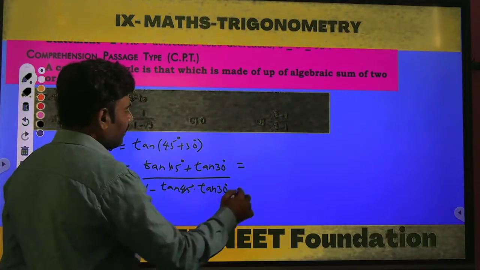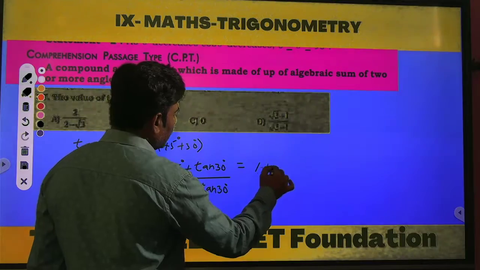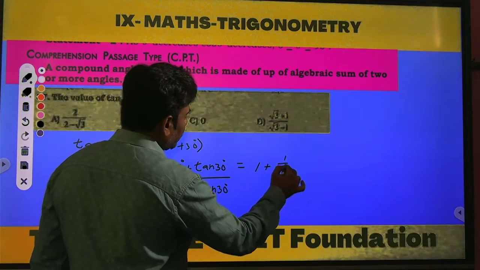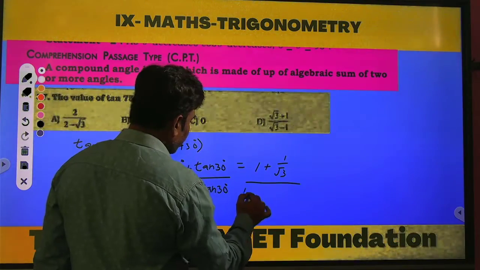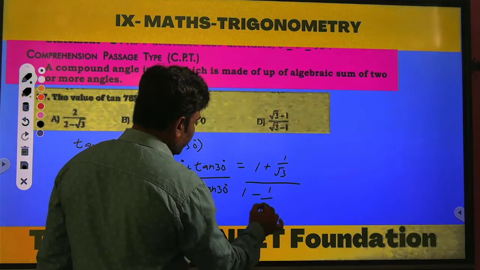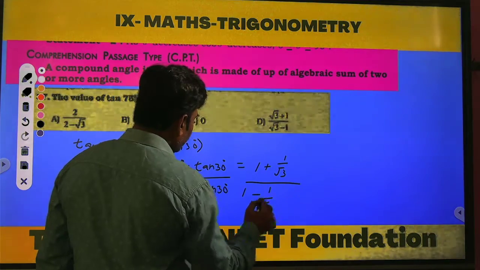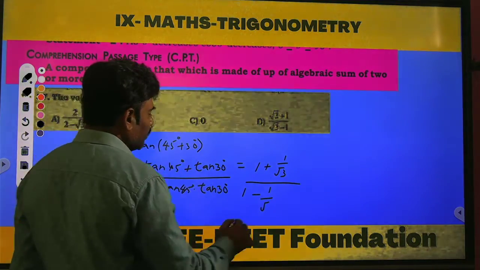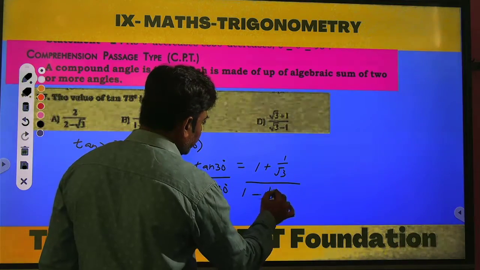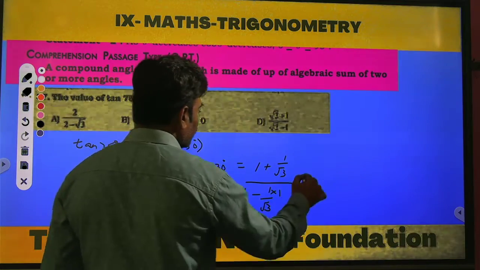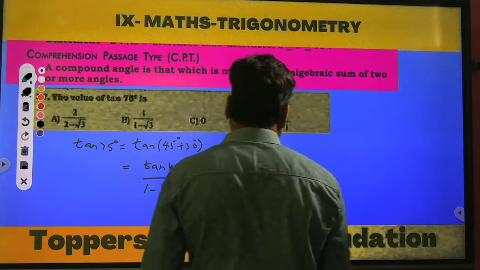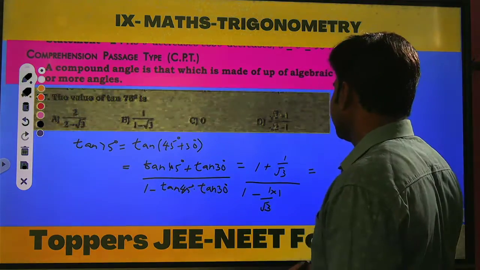Tan 45 degrees value is 1, plus tan 30 degrees value is 1 by root 3, by 1 minus again tan 45 degrees value 1 into tan 30 degrees value 1 by root 3. That is equal to 1 plus 1 by root 3 by 1 minus 1 by root 3.